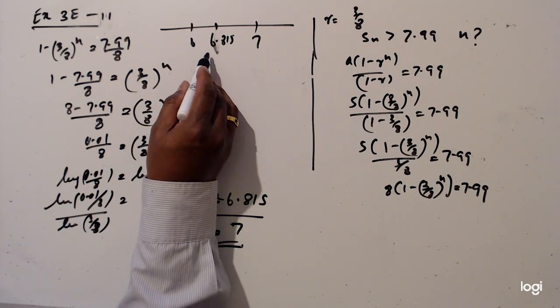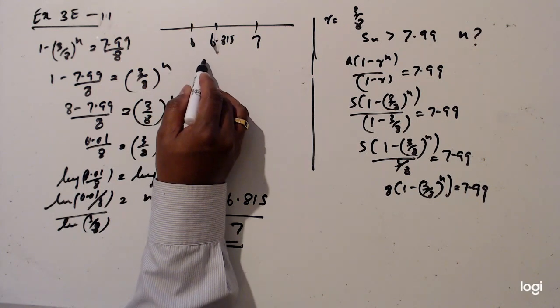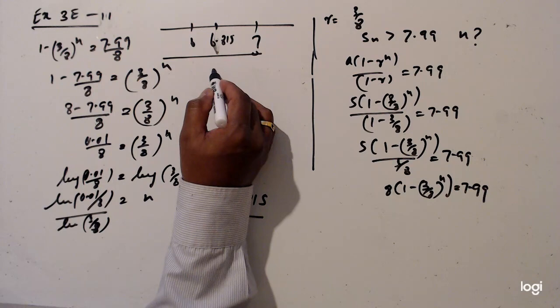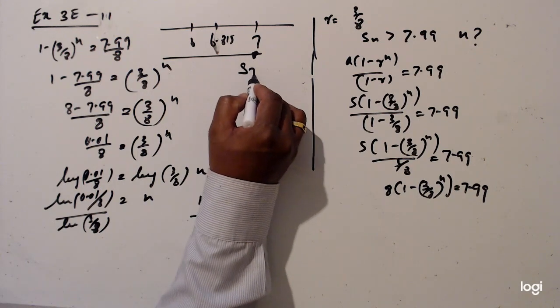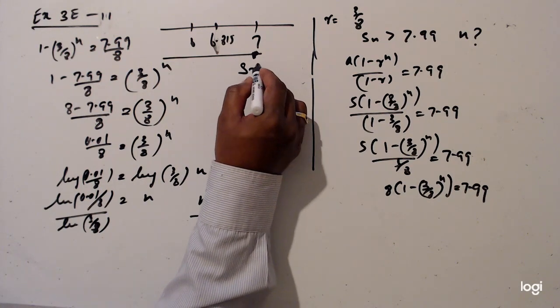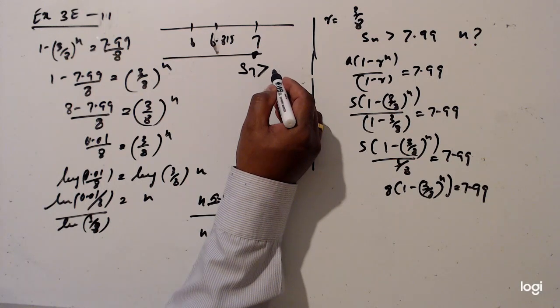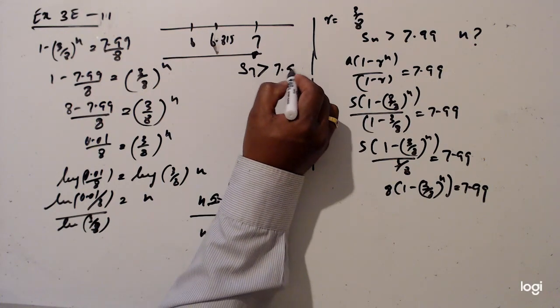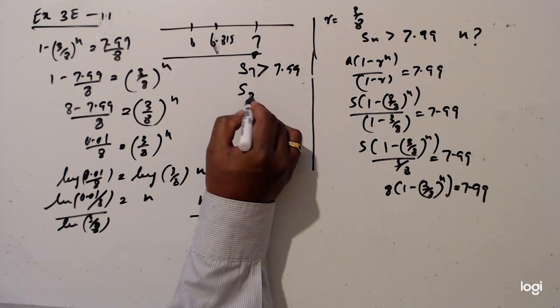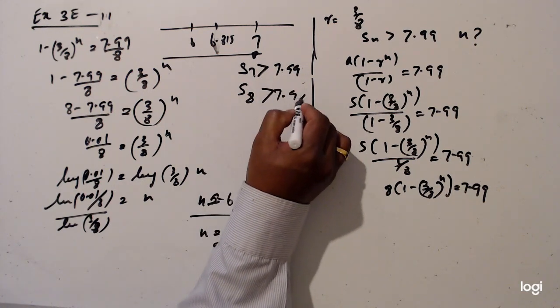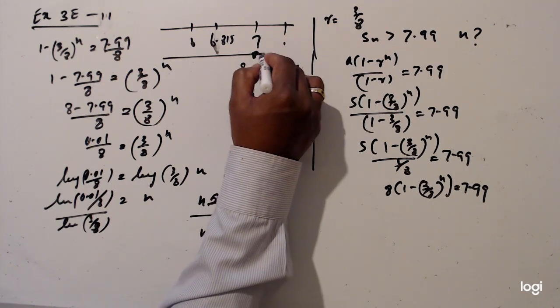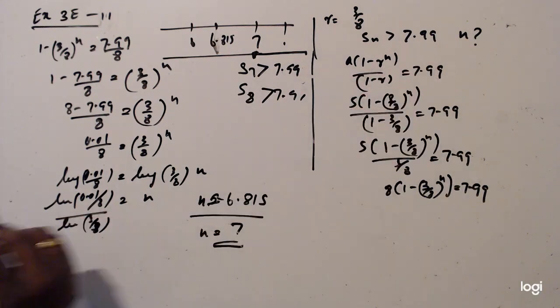The Sn value after 7 is greater than 7.99. So S7 is definitely greater than 7.99. So after this value, it is greater than 7.99.